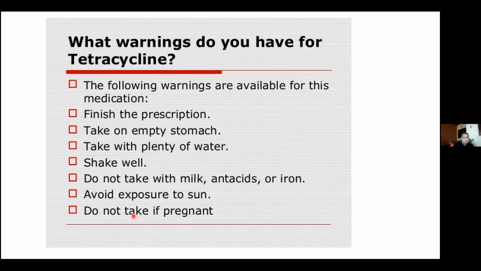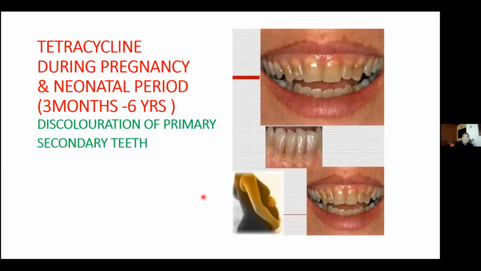And better not to take it if you are pregnant. So what will happen if you take it during pregnancy? Tetracycline taken during pregnancy and the neonatal period can cause discoloration of primary and secondary teeth. During pregnancy, it can cross the placental barrier, go into the fetal circulation, and affect amelogenesis and dentinogenesis and affect primary teeth.